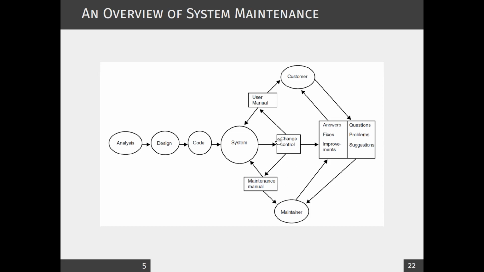When there is a change made by the user, there will be a maintainer who develops this change, which should take effect in the user manual, from the user's perspective. At the same time, those who maintain it have to make it in the maintenance side. From the maintenance side there will be answers, fixes, and improvements for customers' questions and problems, so there will be a two-way flow between customers and maintainers.